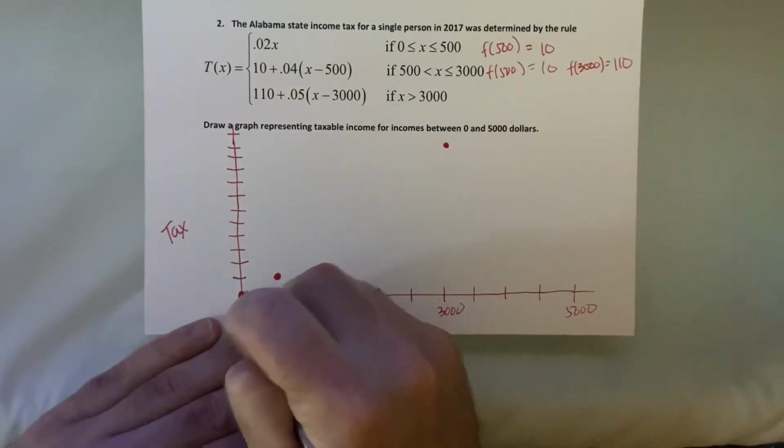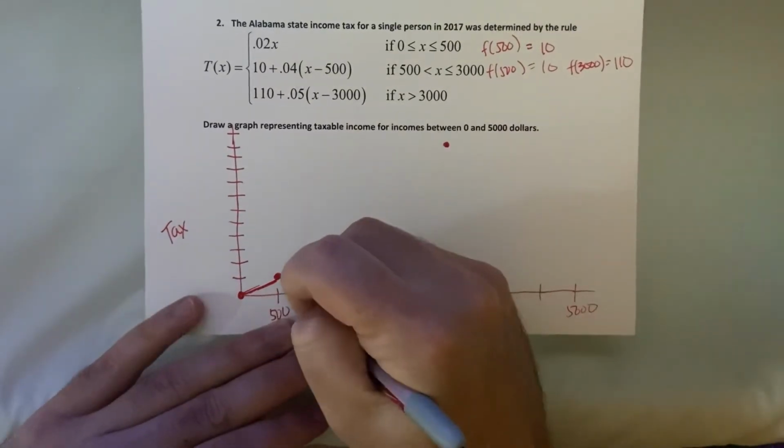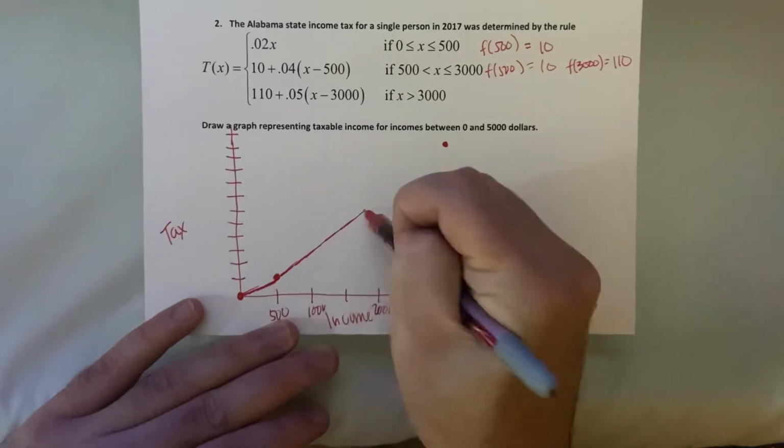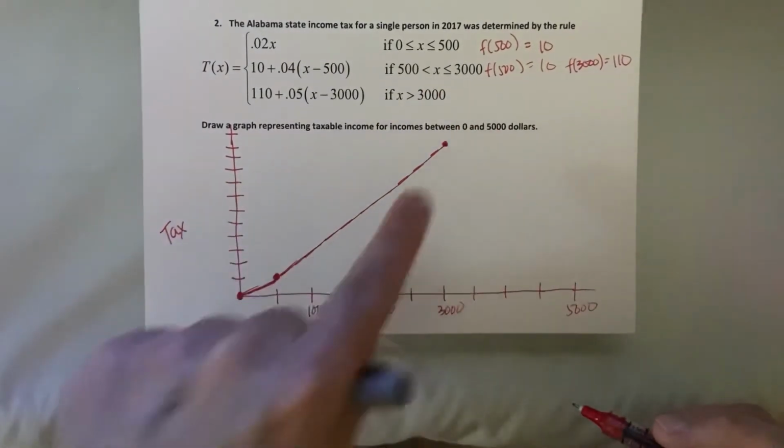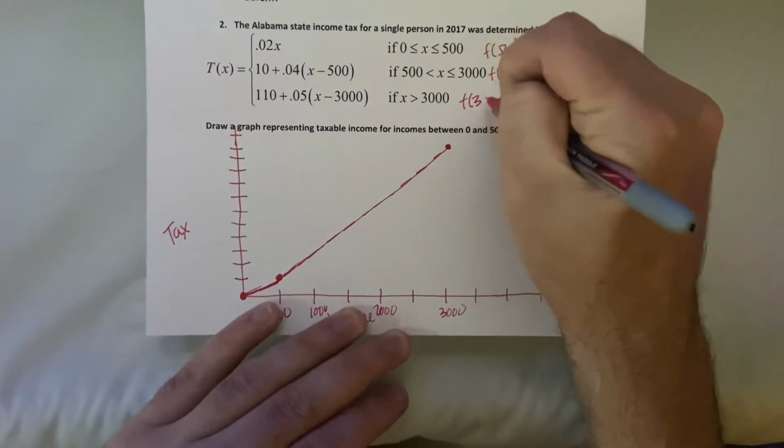So I have a line here which has a very low slope, and then for the next amount of money, it gets a little bit higher. And then it says it wants it all the way up to 5,000.